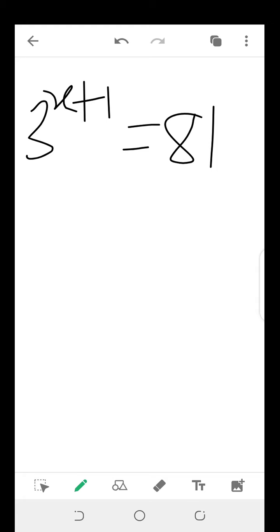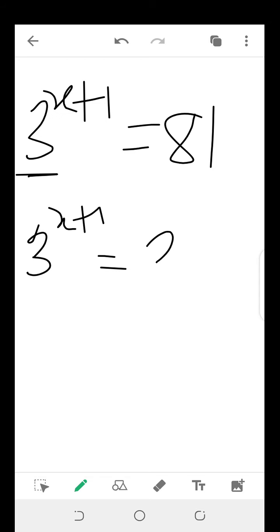All that we need to do is make the bases the same. 3 is already here, so we change 81 so that we have a base similar to 3. 3 raised to the power what number will give us 81? It's 4. So 3 raised to the power 4 will give us 81.